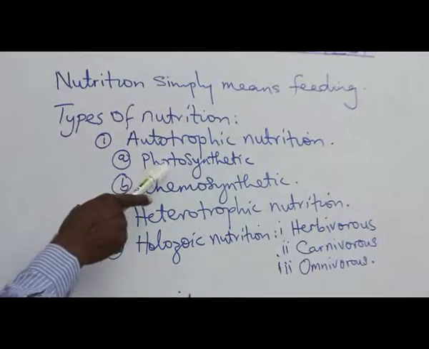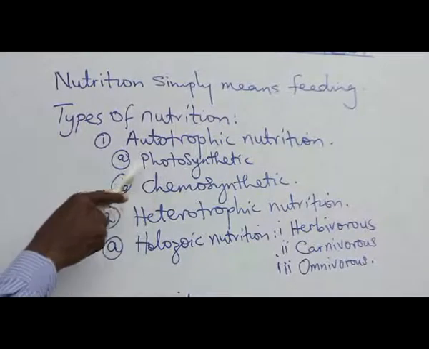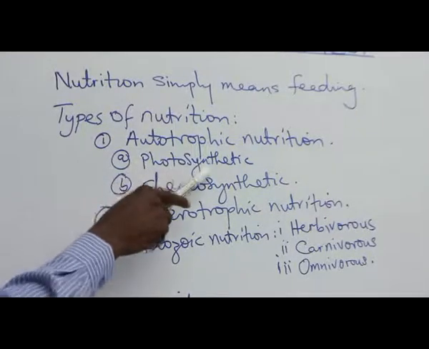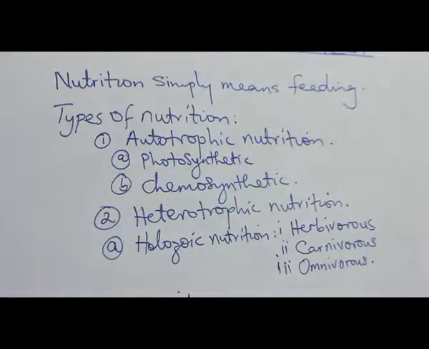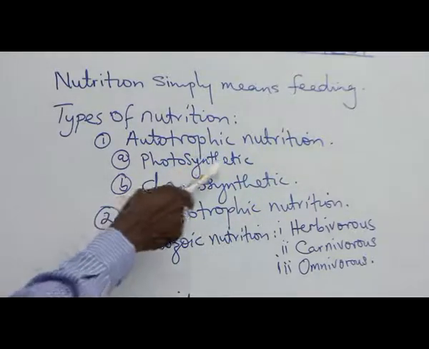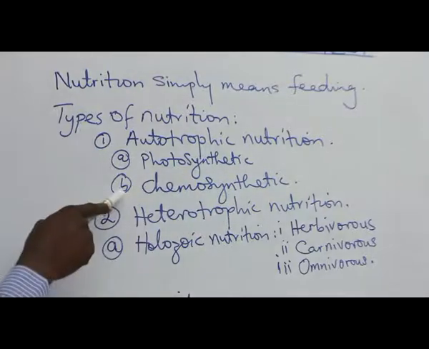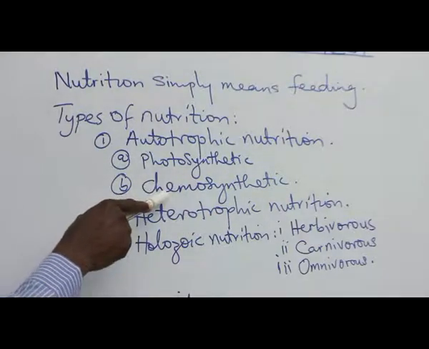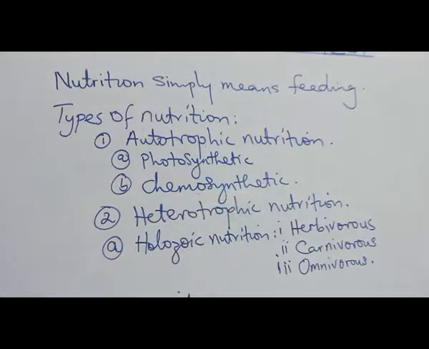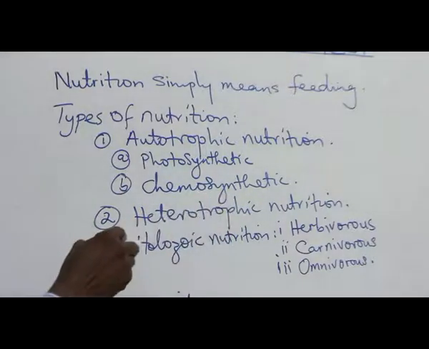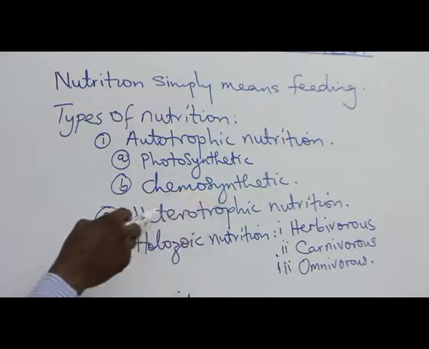Green plants fall into the first group, A, because they use chlorophyll to extract solar energy, and in the process carry out photosynthesis and make food. And B, the popular organisms here are the bacteria involved in the nitrogen cycle, like nitrogen-fixing bacteria, such as Azotobacter, Clostridium, and so on.